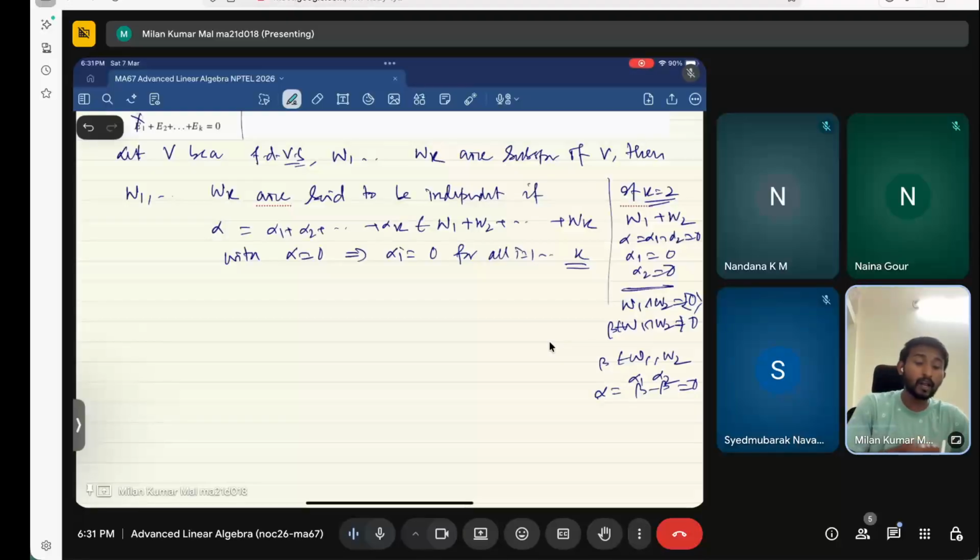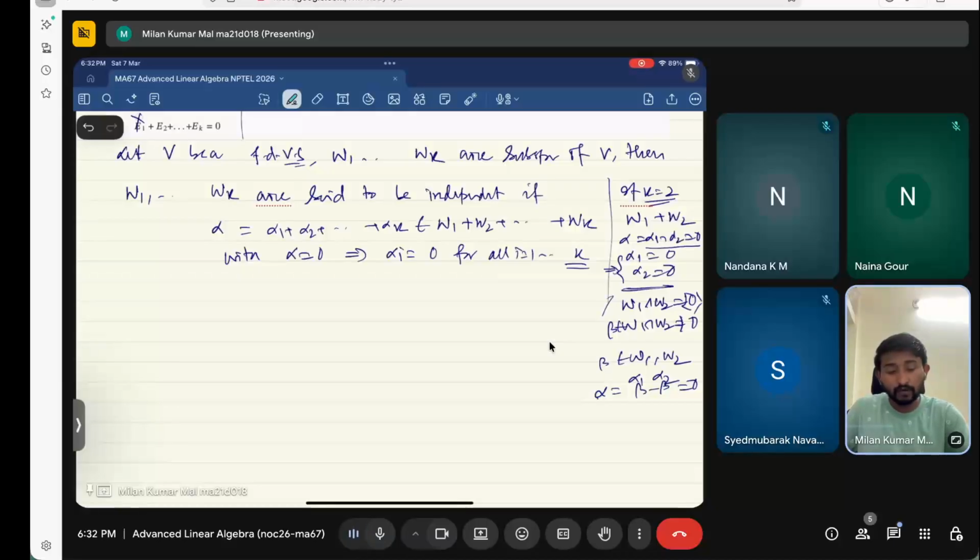That means alpha 1 and alpha 2, each of them individually not being 0, their summation is 0. So this will violate the fact that alpha 1 plus alpha 2 equals 0 implies alpha 1 equals 0 and alpha 2 equals 0. If W1 intersection W2 is a non-zero subspace, then this should violate that fact. I hope this is clear.